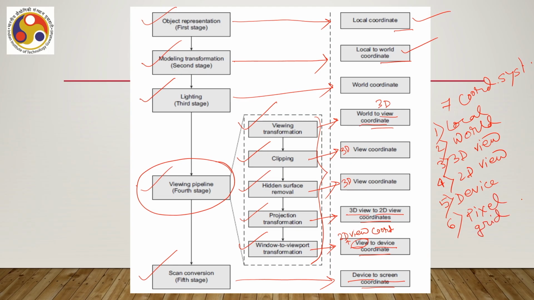So, not 7. So, there are 6 coordinate systems that are used for transforming from the object definition to the pixel level description of the scene.